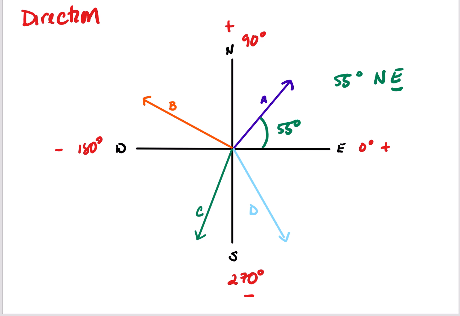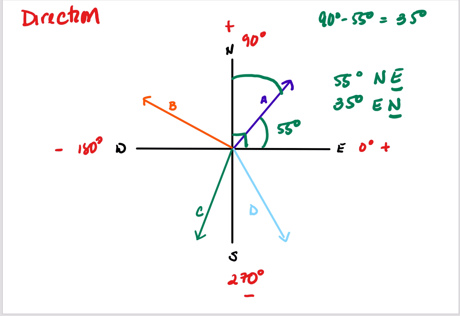The other way we could label this is this angle. We know this is a right triangle, so 90 degrees minus 55 degrees will give us 35 degrees. When it's 35 degrees, since we are starting from the north going to the east, we write this east-north.